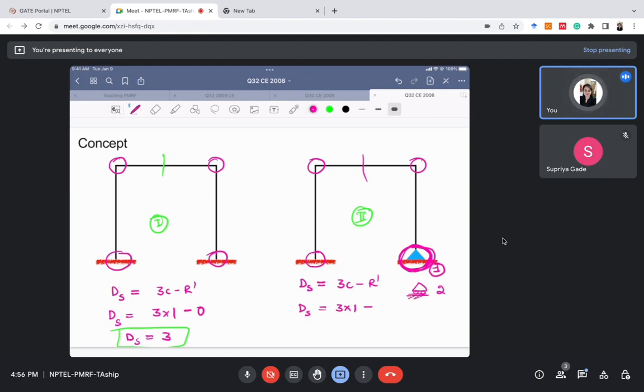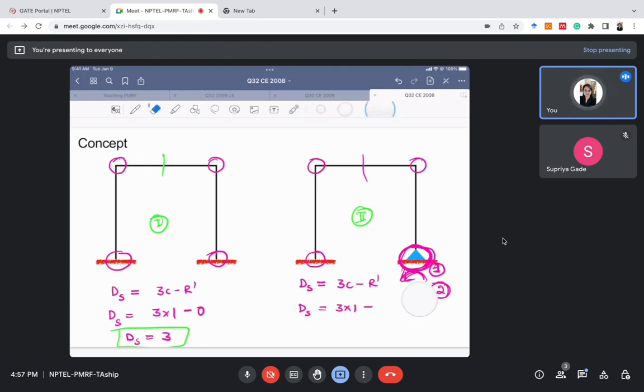Here we need to stop this horizontal movement as well as the rotation. Therefore here we require two restraints to make it a rigid support. I hope it is clear. For a hinge joint, we require only one restraint, that is we need to restrain the rotation of the hinge in order to make it a rigid support. But in case of a roller support, we also need to restrain the horizontal movement as well as the rotation to make it a rigid support.